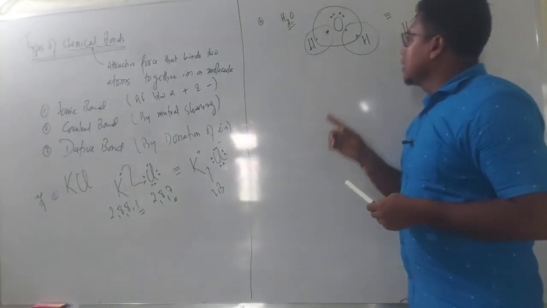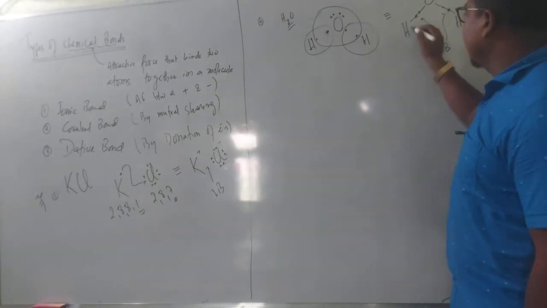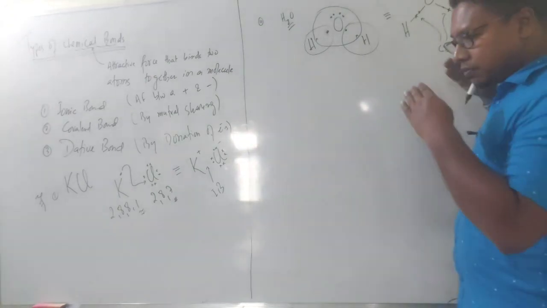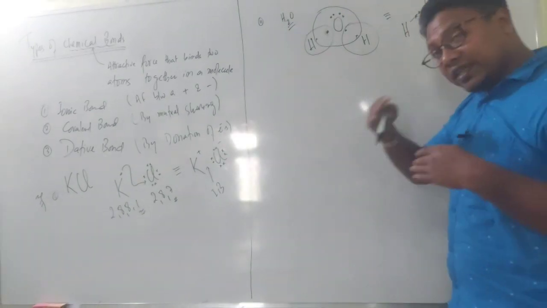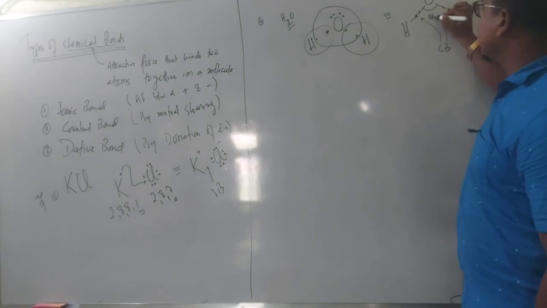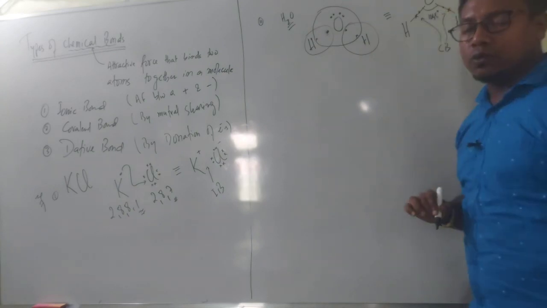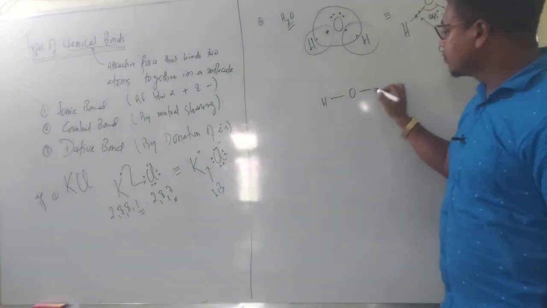Okay, while covalent bonds are directional, which means the two hydrogen atoms must be directed towards the central atom at a fixed angle. Means in this case the angle is actually 104.5 degree in case of water. So I cannot draw water in this manner.